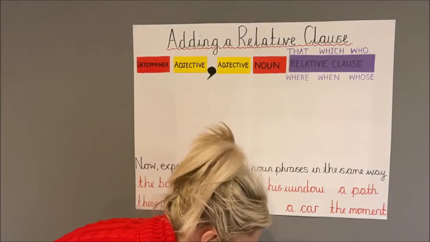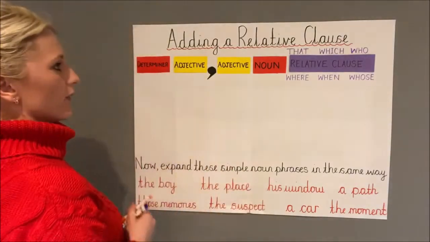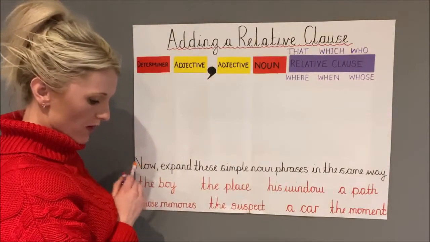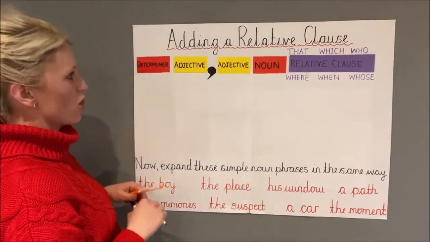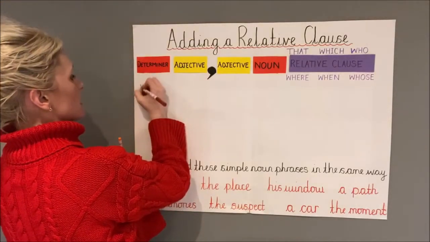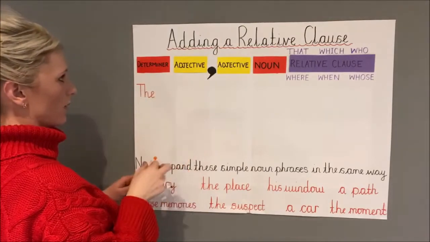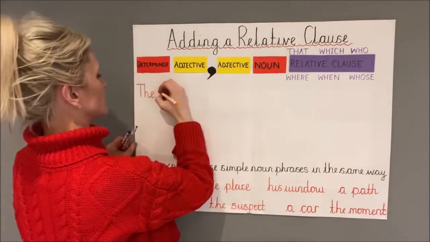So I'm just going to grab my pens. Okay, so the first one that I'm going to start with is the teacher. So I am going to use the determiner the. And I'm going to use 2 adjectives this time.